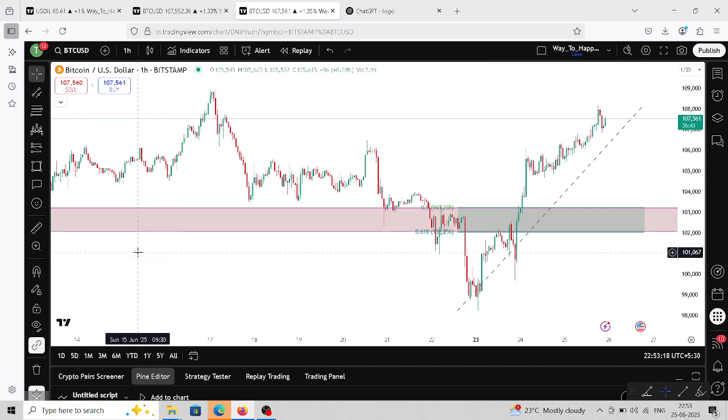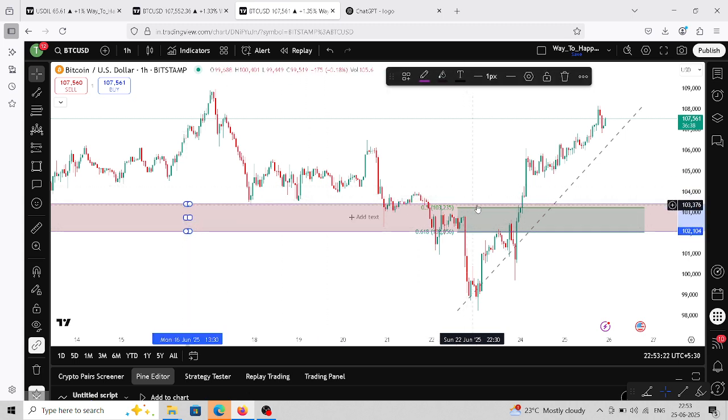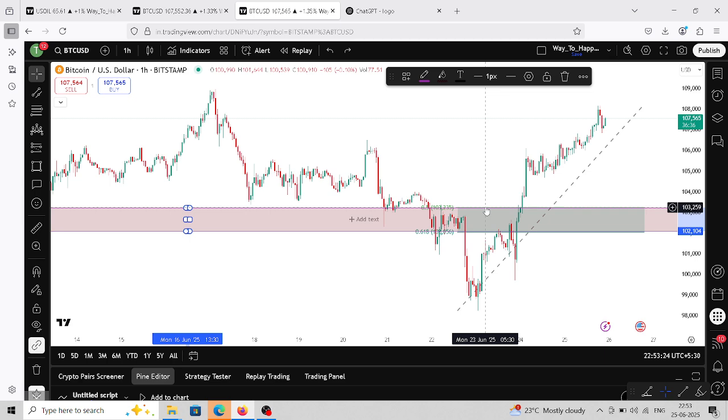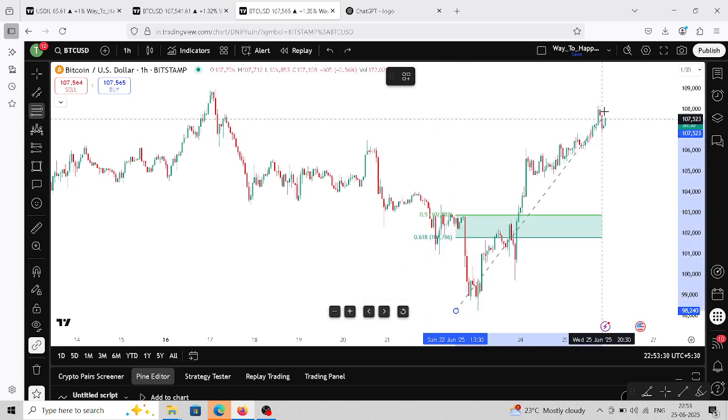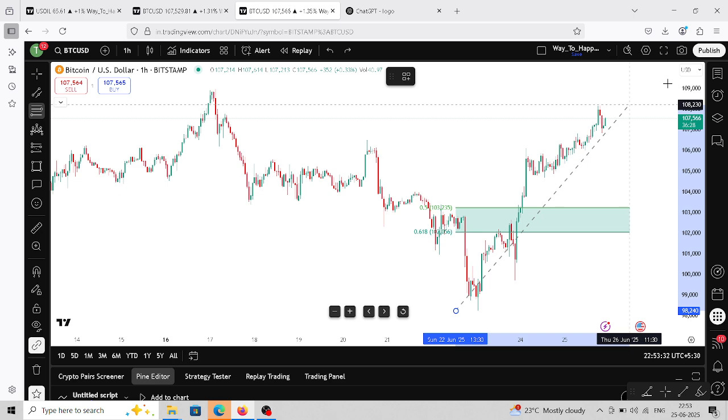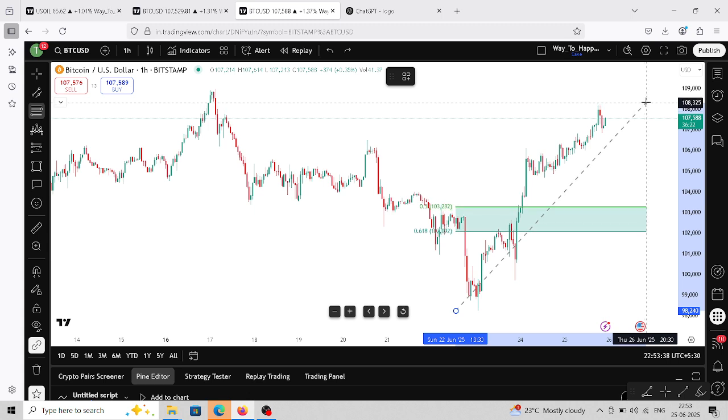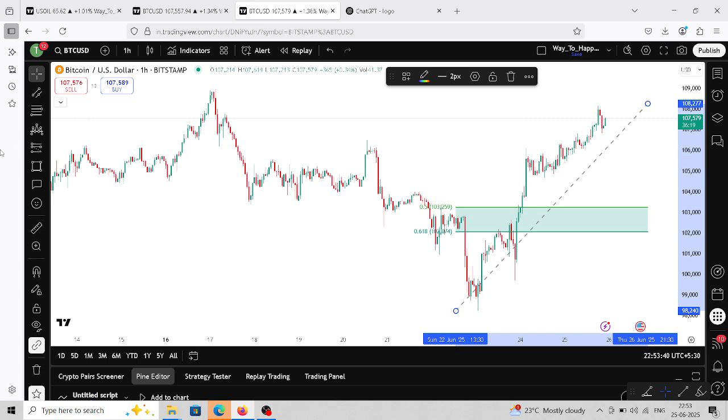Now, let's see what else happened in this particular flag. Your fib must be, let me draw your fib here. Fib from here, to here.